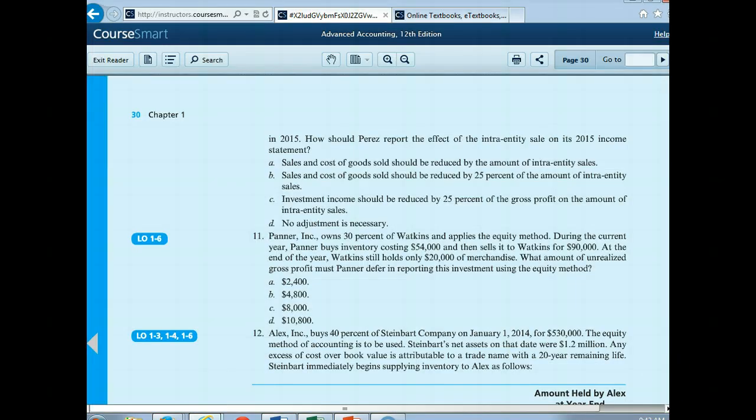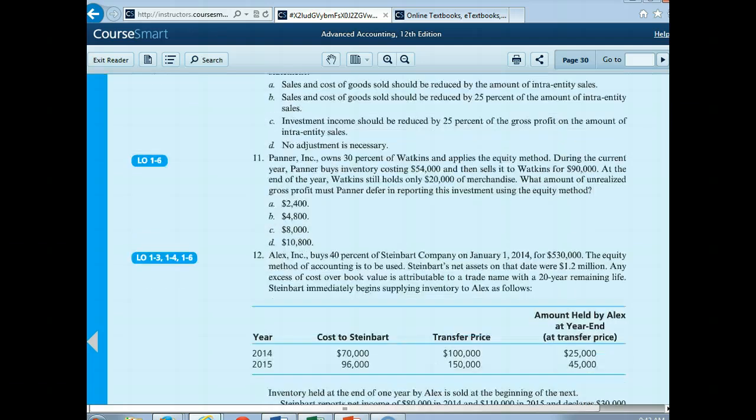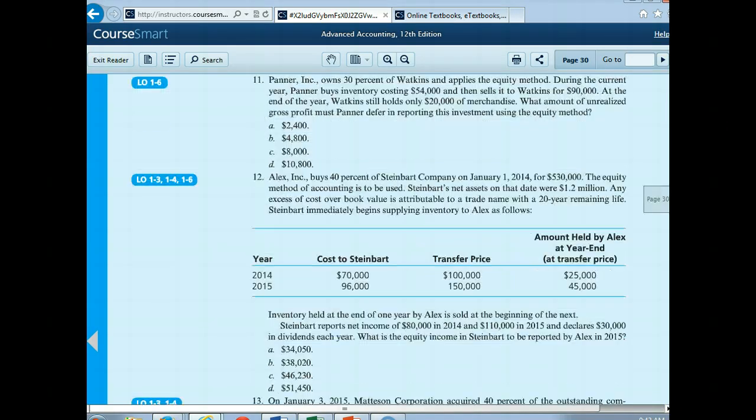Now, let's look at number 12. Alex Inc. buys 40% of Steinbart Company on January 1st for $530,000.